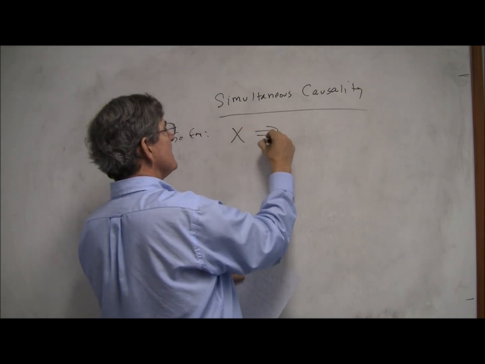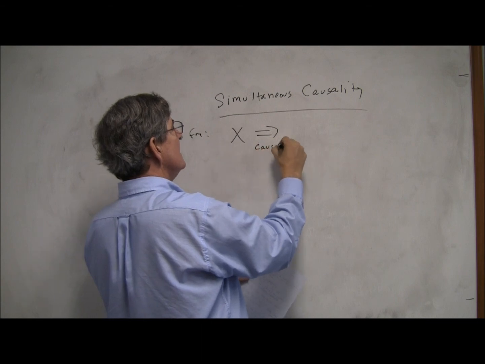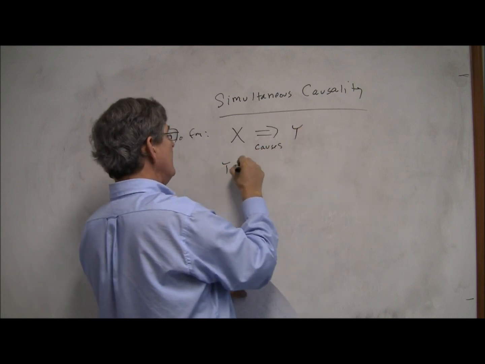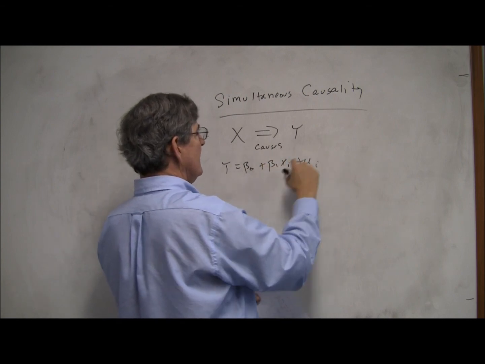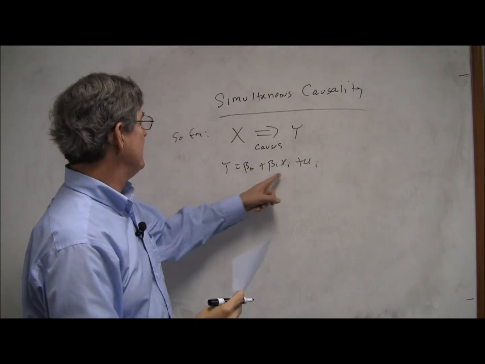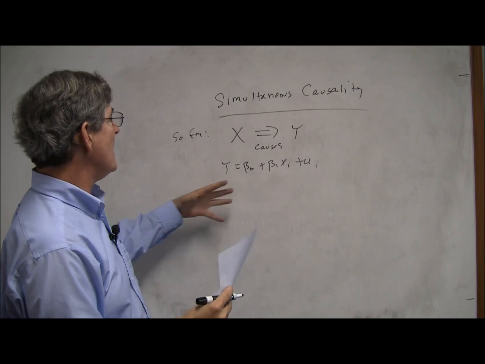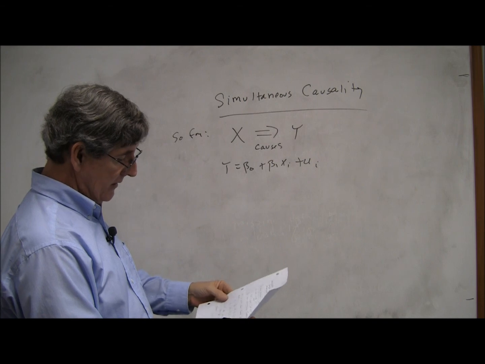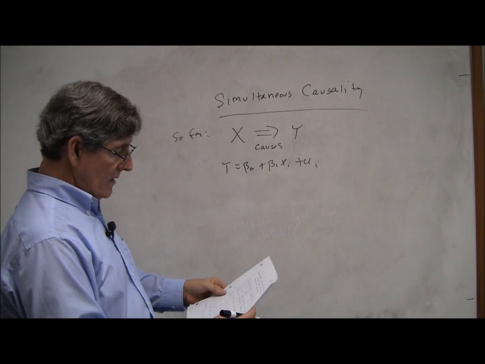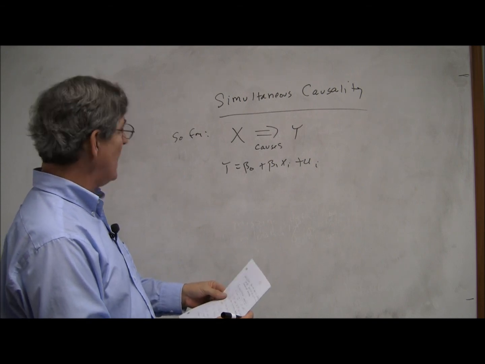So far, we've assumed that x causes y. So we write y is beta 0 plus beta 1 xi plus ui. This is the treatment, and the treatment causes this outcome. So this is a causal relationship, and we're trying to estimate the causal effect, beta 1 here. Now, suppose that there's two-way causality.